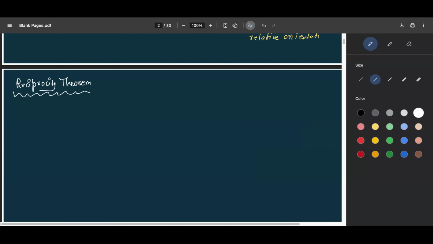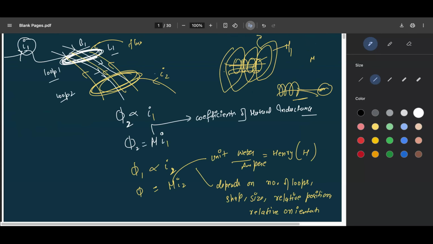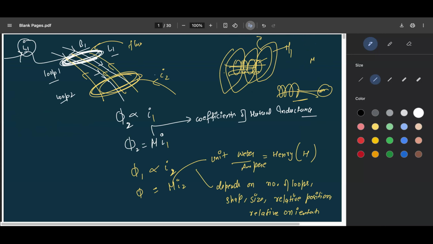So what it says, Kirtan, look, when you said that due to this current I1, you had a magnetic field. Look at this now.